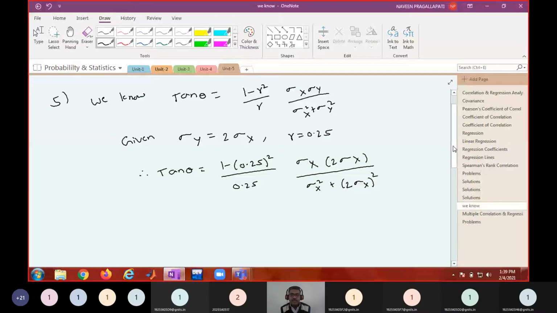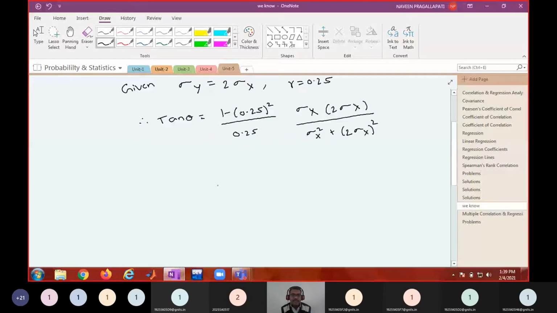Now you simplify this, and I can cancel out sigma square. So 1 minus 0.25 whole square by 0.25 into sigma x square into 2 divided by, if I take sigma x square common, 1 plus 4. So sigma x square gets cancelled. So this is 2 by 5.